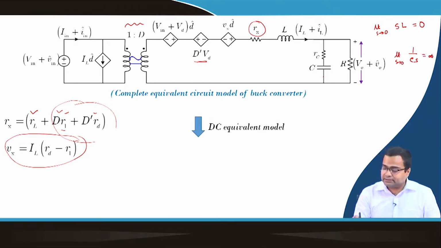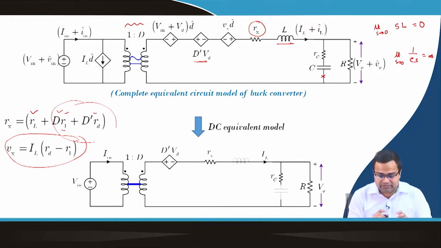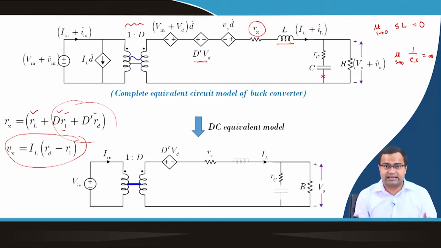That means this circuit should be shorted and the capacitor branch should be open, and this is exactly the DC equivalent circuit. That is the beauty of this technique, that we can very easily obtain the equivalent DC circuit simply by shorting the inductor and opening the capacitor.